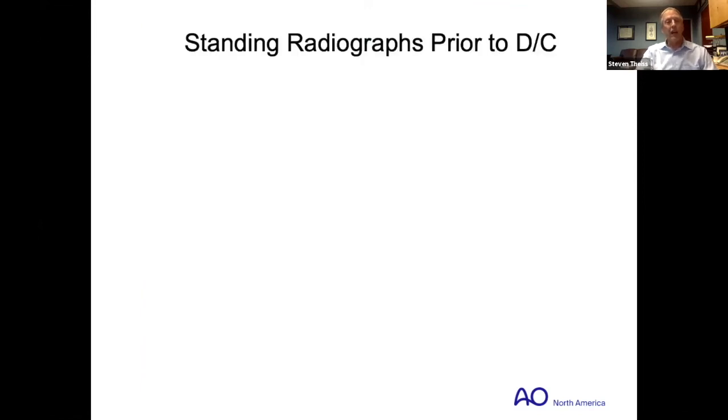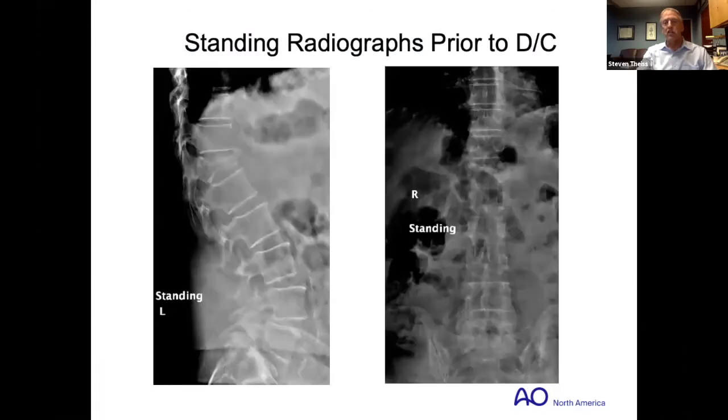That same ER visit, they got some standing radiographs prior to discharge, and here are the standing radiographs now. You can see there's been some distinct collapse of the vertebral body, and this is really just between supine when he originally entered the ER and standing when he finally left.